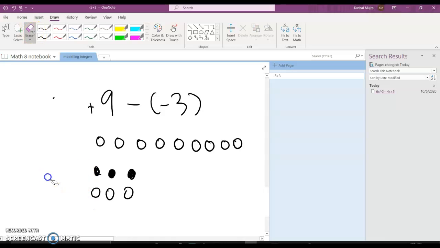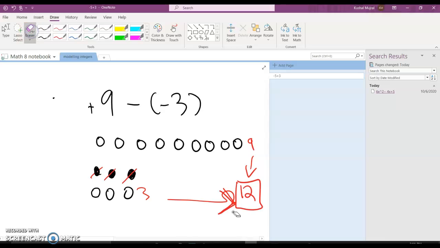Now we can cross out these 3 negatives, and we're left with positive 9 and positive 3, which make 12, right? So we have 12 in the end.